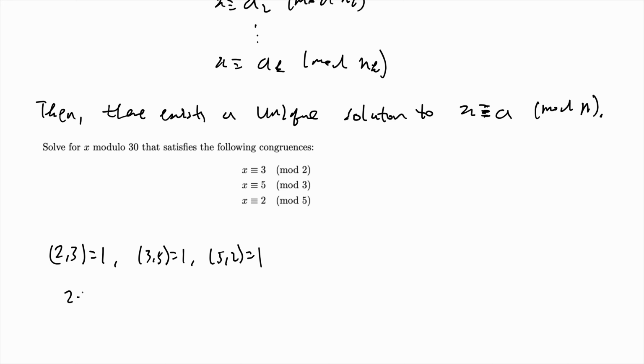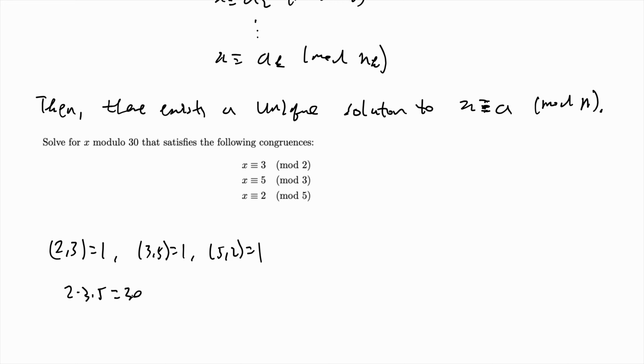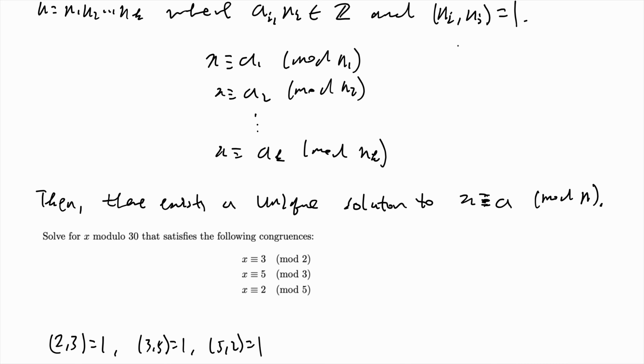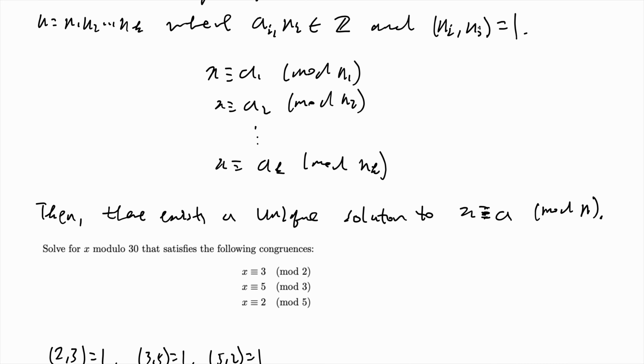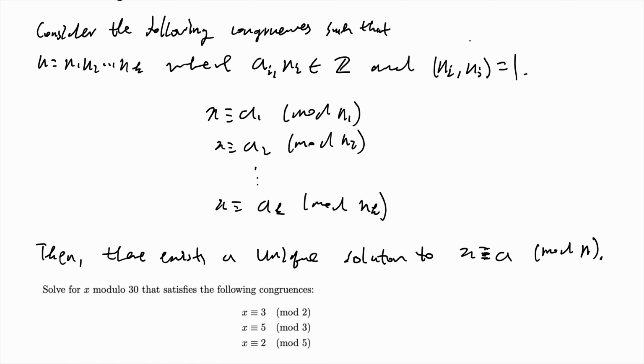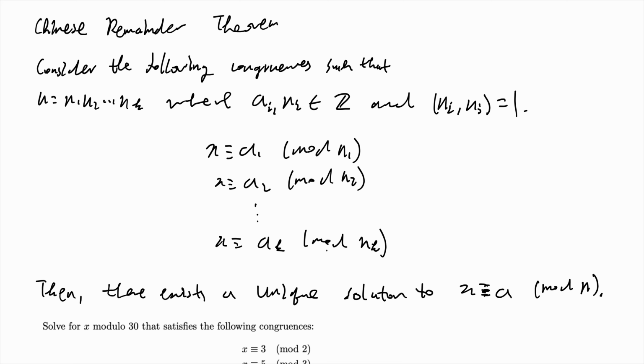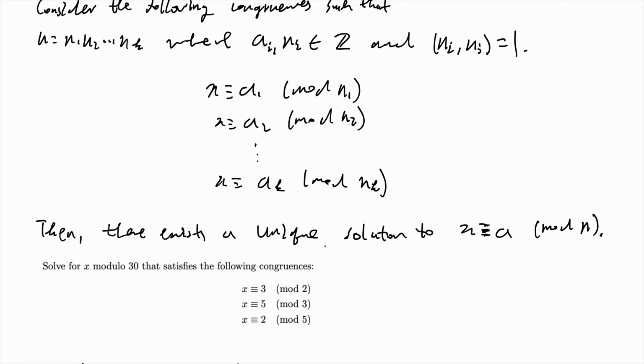Now we know that 2 times 3 times 5 equals 30. So we know that n sub i and n sub j are co-prime to each other, and that a sub i and n sub i are integers.